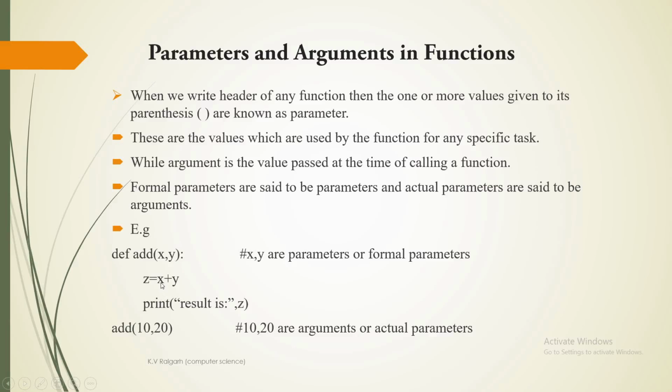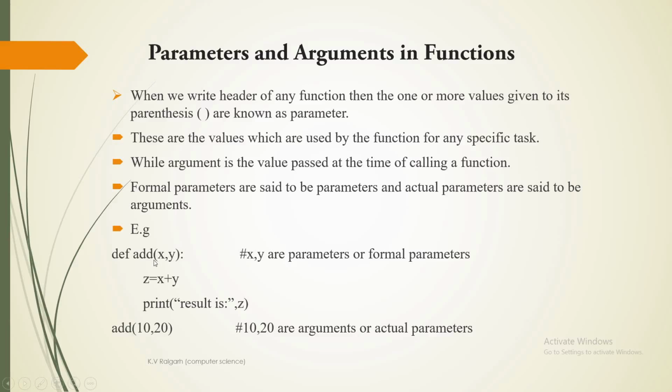And after assigning values to x and y, we will perform addition. After performing addition, we get 30, and that 30 will be assigned to z. And on our screen, it will display the result is z. What is the value stored inside z? That is 30. So it will display 30.